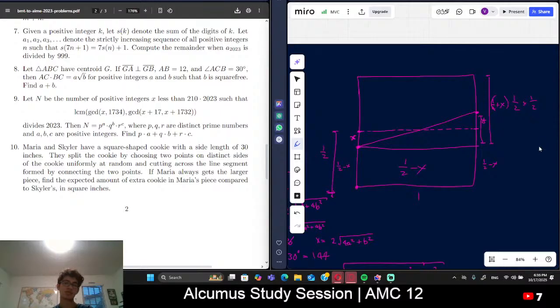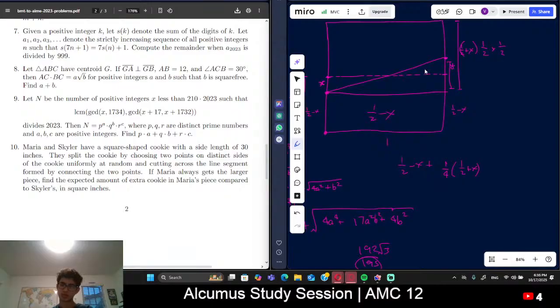The reason I'm doing times half again is because obviously it's a triangle, right? So it's going to be a little different. So what does this give you? It gives you 1/2 minus x plus, oh, 1/4 times 1/2 plus x, I think.